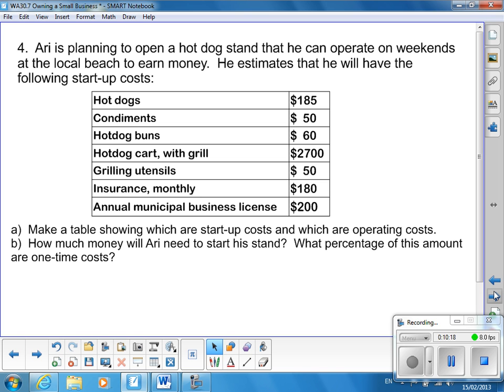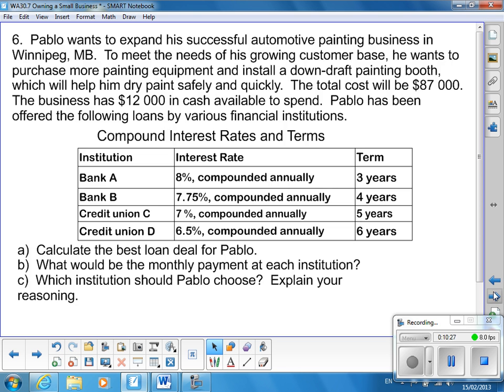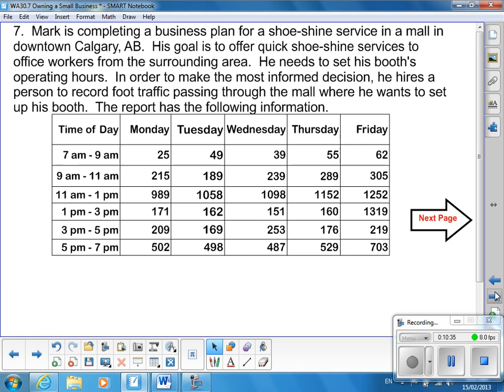Question 4, Aries is opening up a hot dog stand. You need to make a table of startup and operating costs. Pablo is building an automotive painting business. And Mark is offering a shoe shine service in a mall and wants to figure out when the best time is to open up his booth.